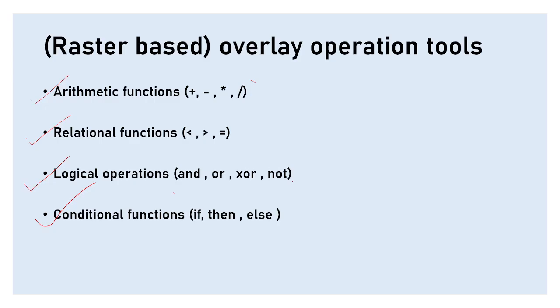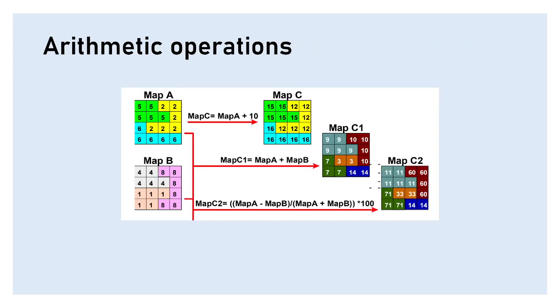vector or raster data. So here we have a very simple example, because we are not going to complicate it further. Here you have map A and our output map is C. So how are we generating map C? We are adding 10 to map A. So you're adding 10 here, 10 here.